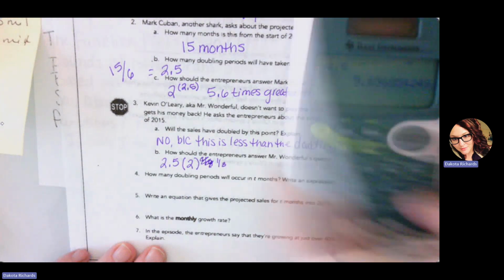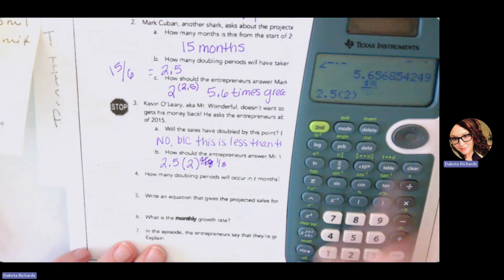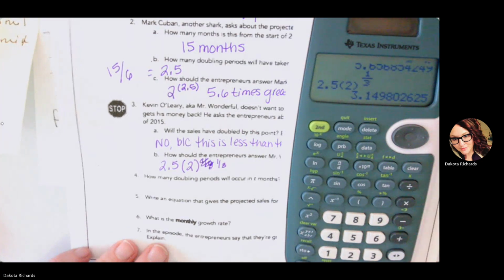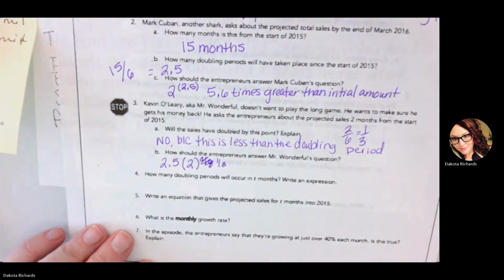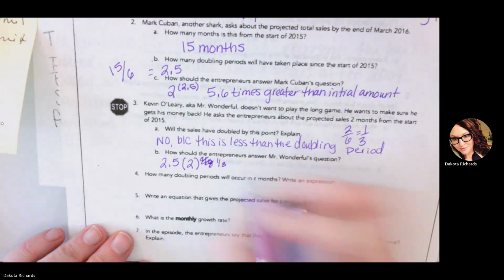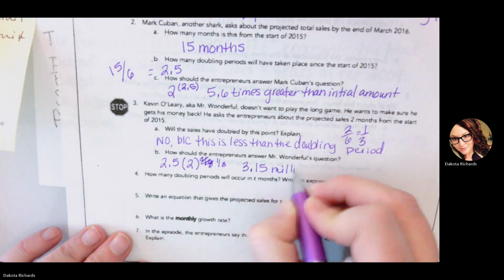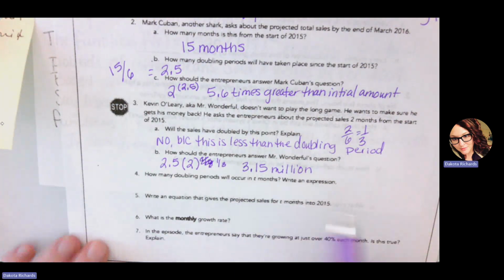So if we type that in, 2.5 times 2 to the 1/3 power. So that is 3.15 million. You know, that's the amount that it's going up. It's not necessarily doubling in that amount of time, but it is increasing and it's going to be that amount.